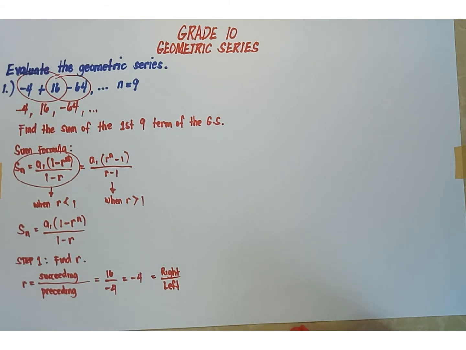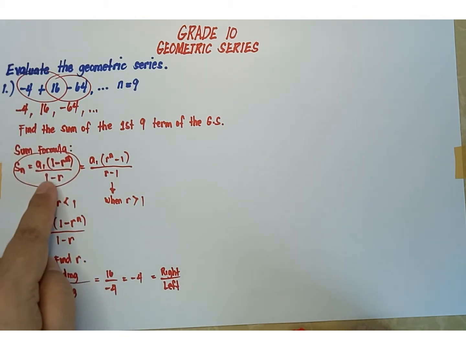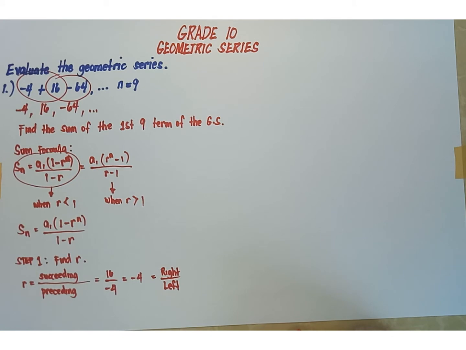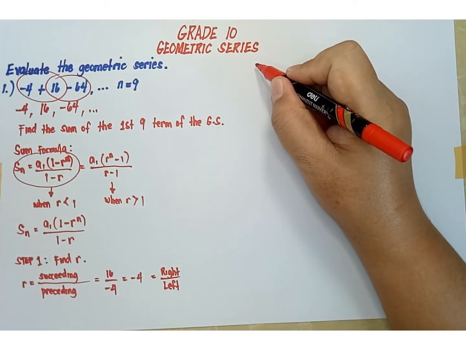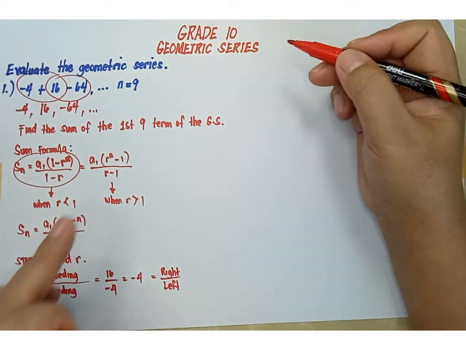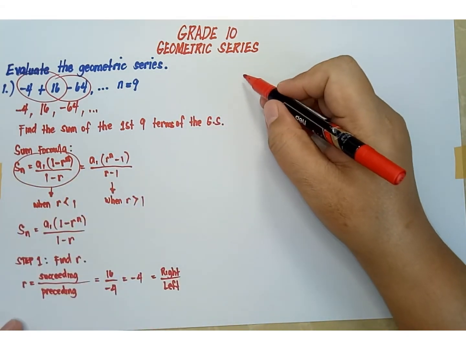Okay. So, we now have first term, common ratio, and n. So, ready na tayo to evaluate the geometric series. Magsa-substitute lang tayo ng mga known values natin. So, we're solving for the sum of the first 9 terms of the geometric sequence.